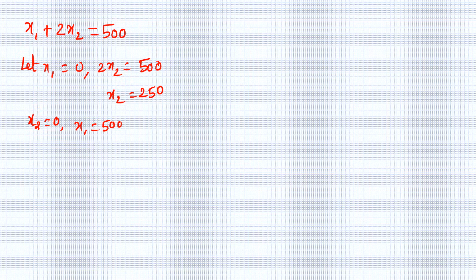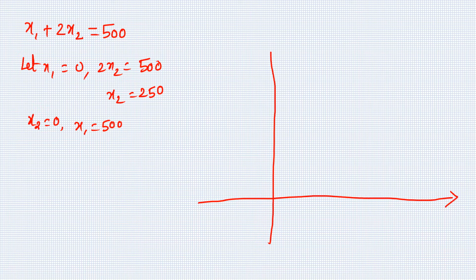Roughly, we will draw the graph. First we consider the axes. Here I am roughly taking the x-axis and this is the y-axis. Since in the question all my values are greater than 0, I have to plot in the first quadrant, where all values are positive.